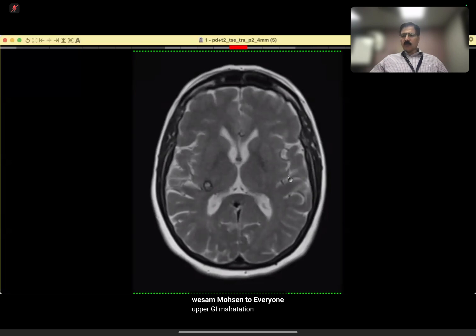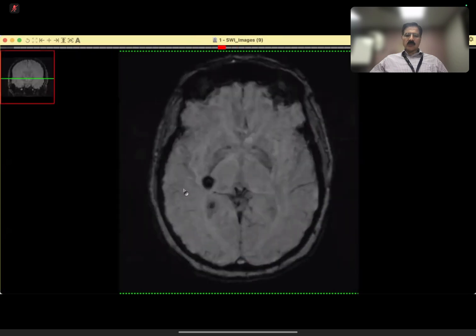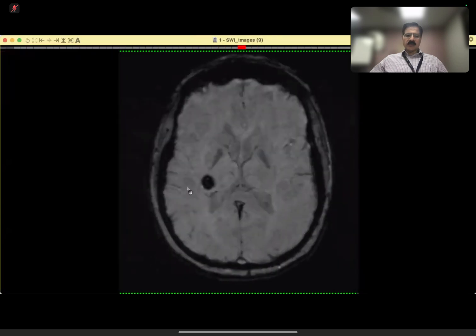Cavernoma is very important for the exam. And why is it important? Because with cavernoma, it all depends how big it is. It might be small. In that case, it will be just seen as a hemosiderin signal, or particularly on a SWI sequence, it will show as a blooming artifact.